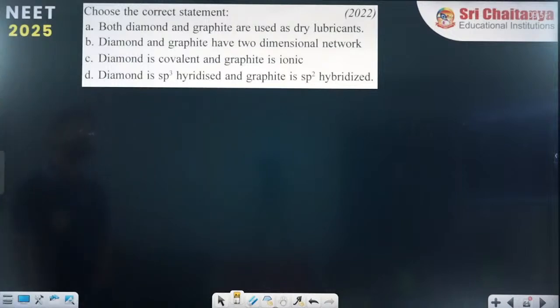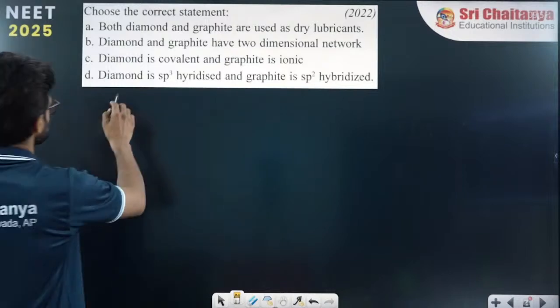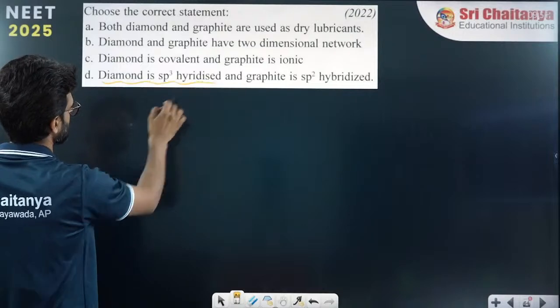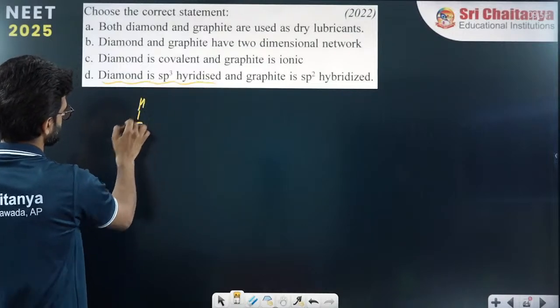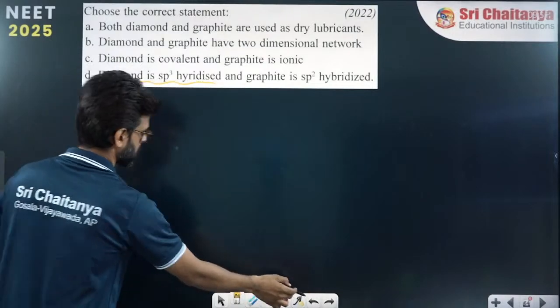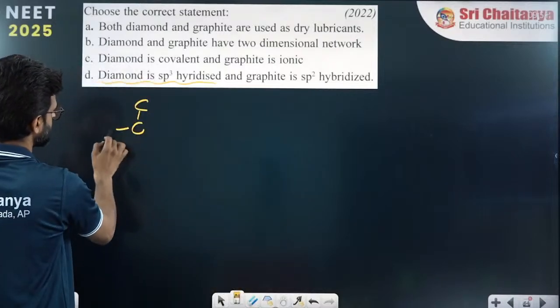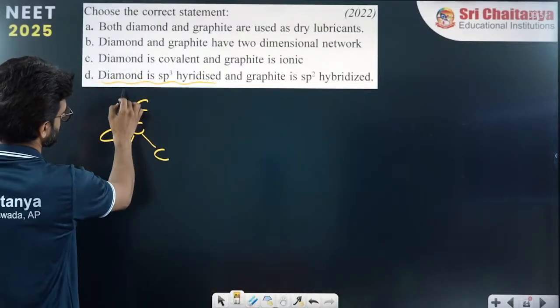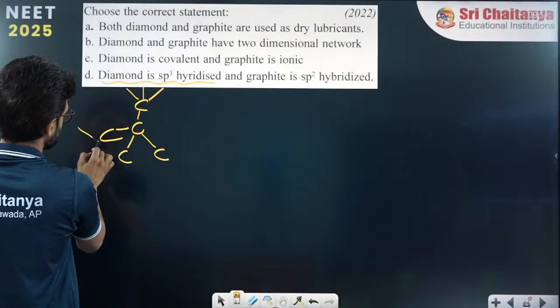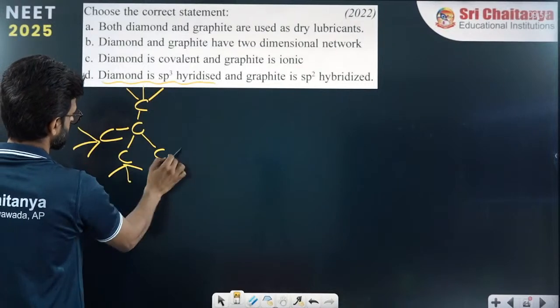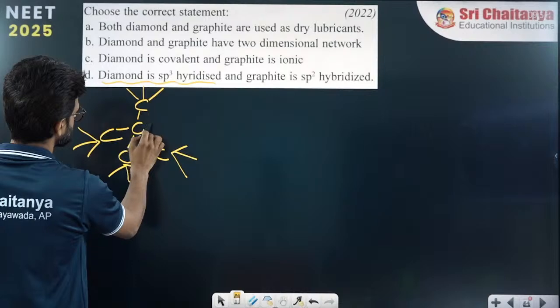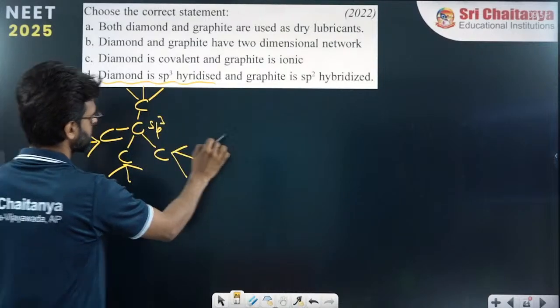Choose the correct one here. If you look at the structure, diamond, allotropes of carbon. In diamond, every carbon makes 4 bonds this way, and further it is making here, every carbon makes 4 bonds. This carbon is sp3 hybridized.